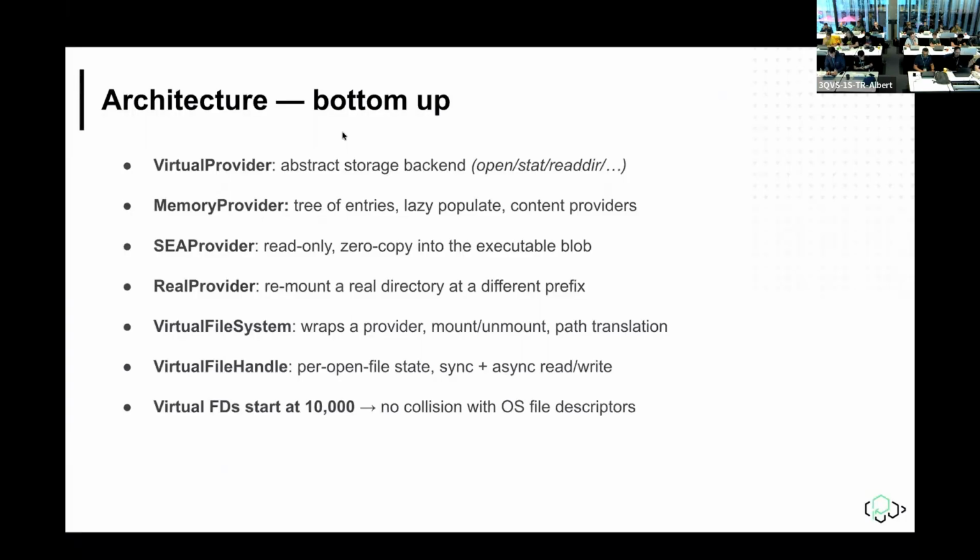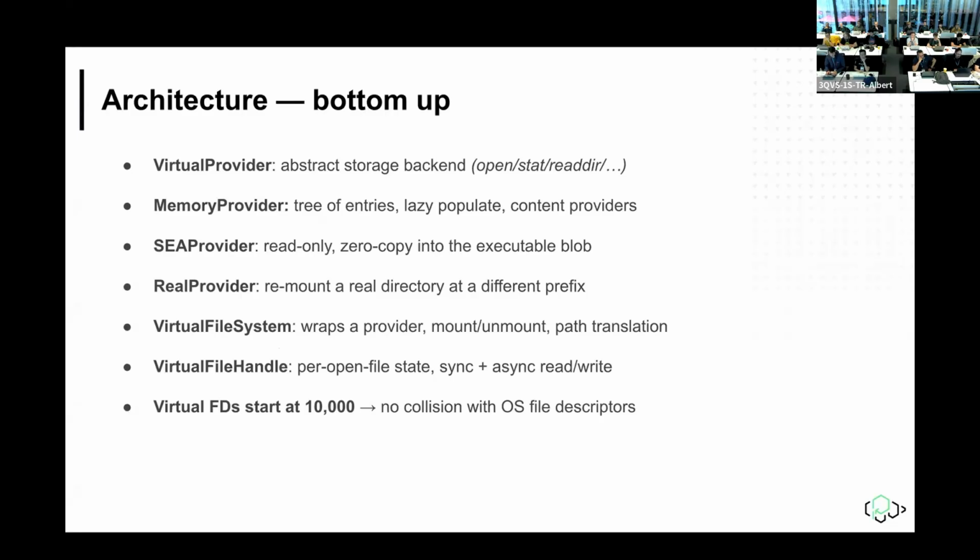So part of this session is to go through and discuss what the architecture looks like and answer questions from people, okay? The key concept here is, this is actually wrong, I updated this, okay. So it's a virtual provider and a virtual file descriptor.